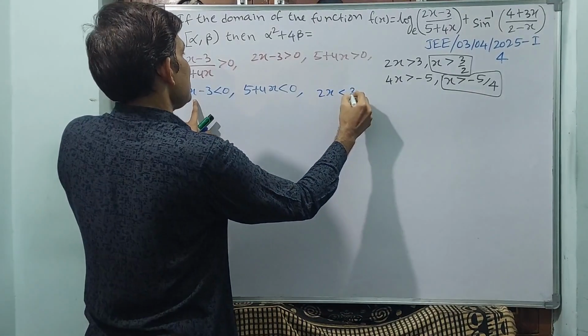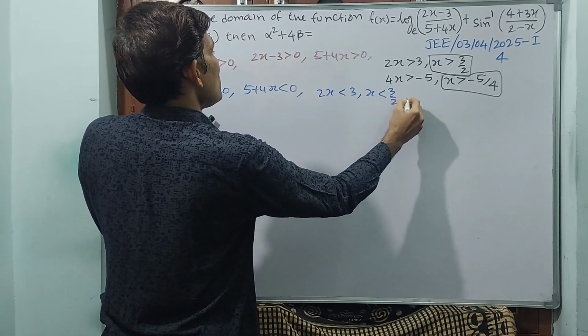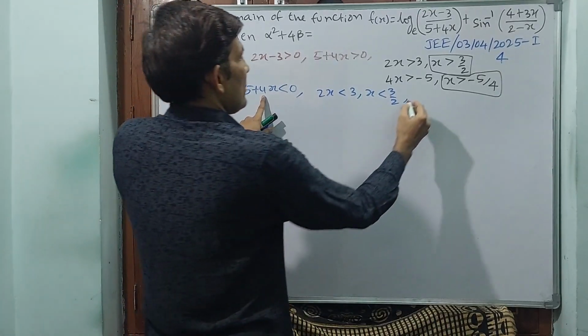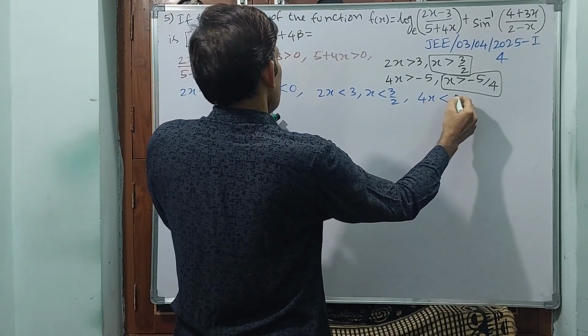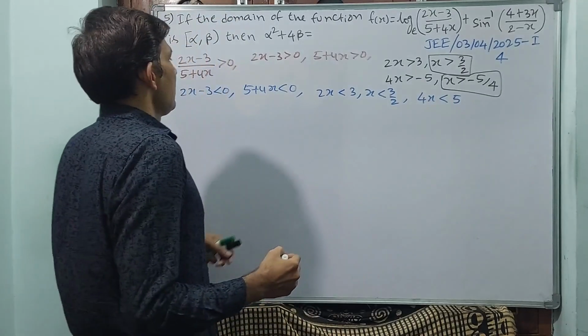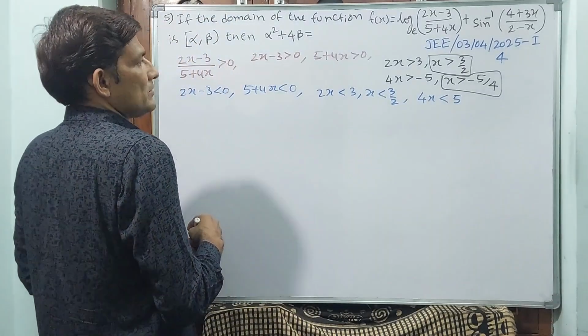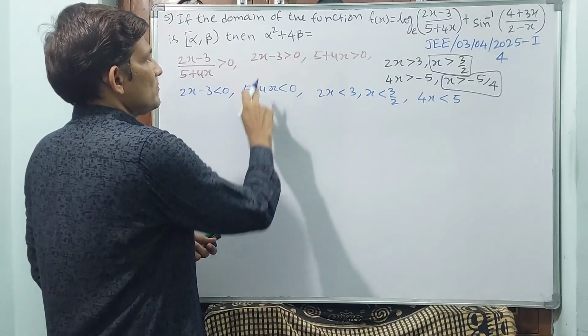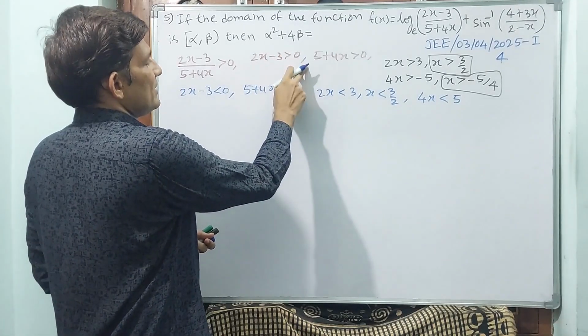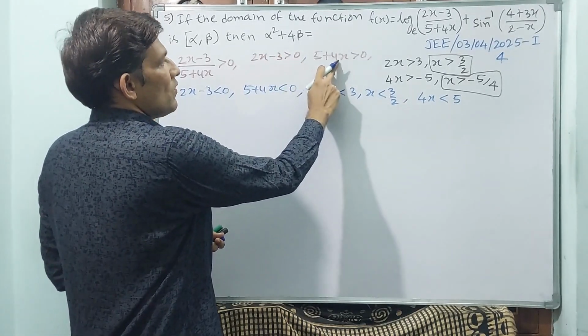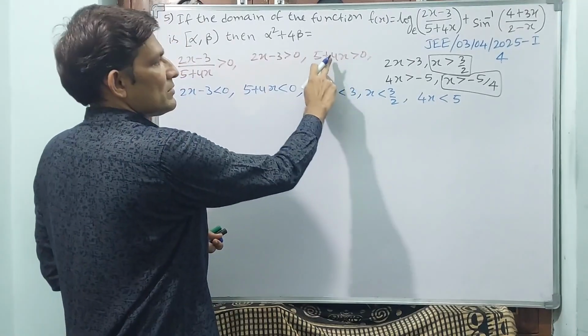2x should be less than 3 and x should be less than 3 by 2. And 4x should be less than minus 5, so x should be less than minus 5 by 4.